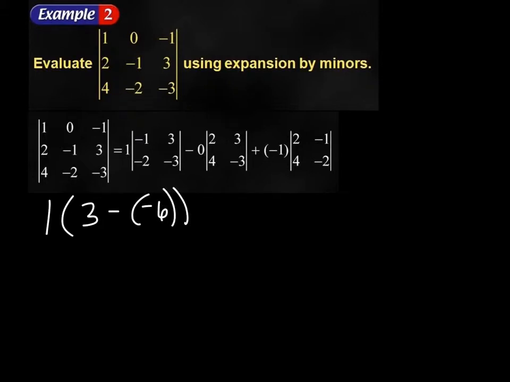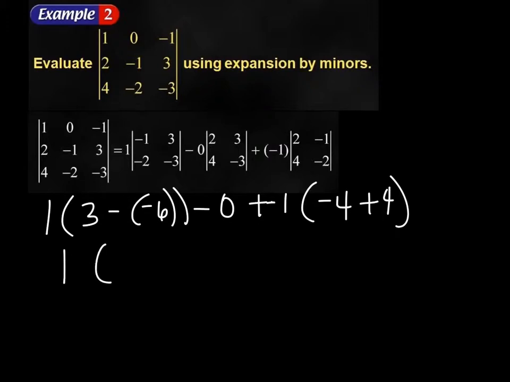I'm not even going to do this next one because 0 times anything is going to be 0. And negative 1 times negative 4 minus negative 4. So I'm just going to put plus 4. Oh, that's going to be 0 also. So all I'm going to have left is 1 times 3 plus 6, so 9.